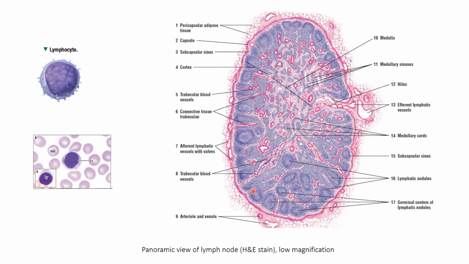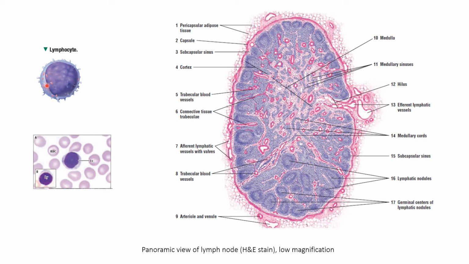For this, you have to understand the structure of a lymphocyte. The lymphocytes have a large nucleus which is very densely stained, and this nucleus occupies most of the cell.